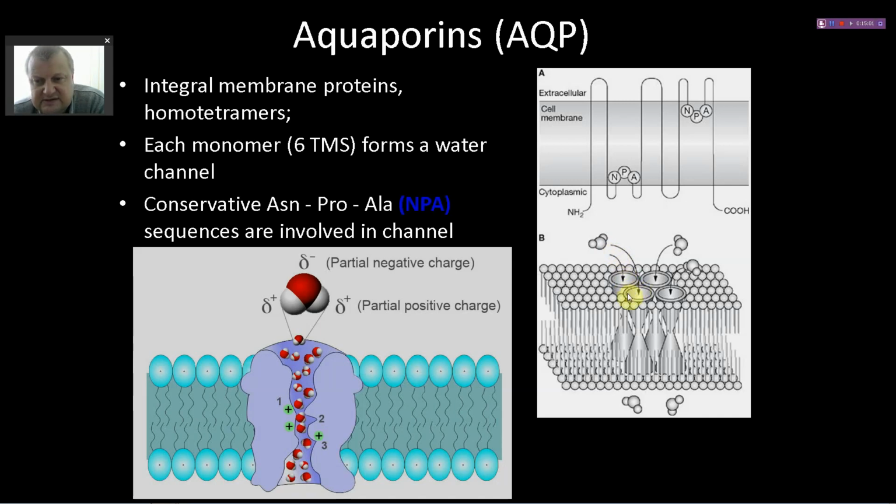This aquaporin is the combination of 4 equal proteins, and the result is the formation of the homotetramer. This protein is the aquaporin, and it provides the penetration of water from the extracellular space to the cytoplasm. This is the channel for water.